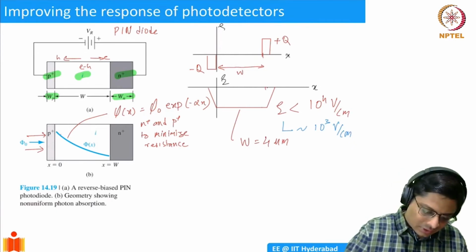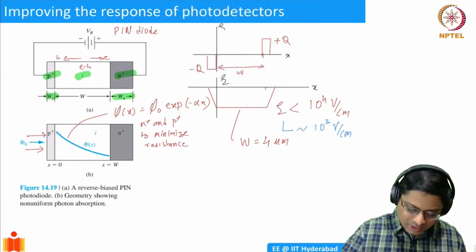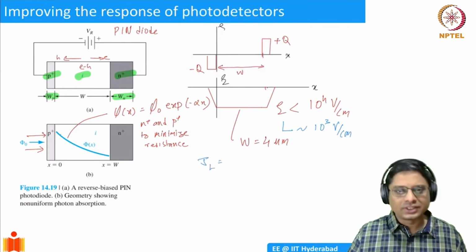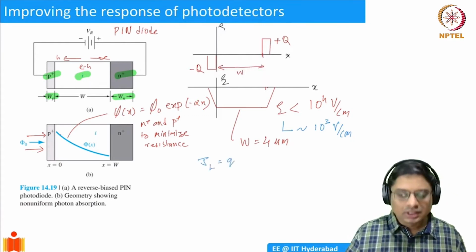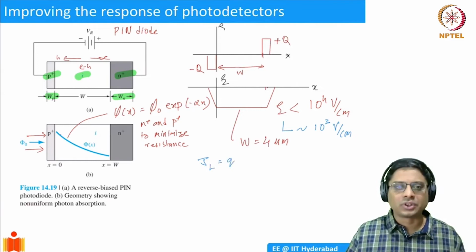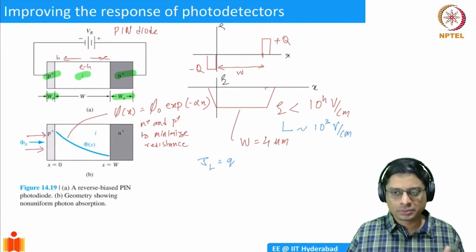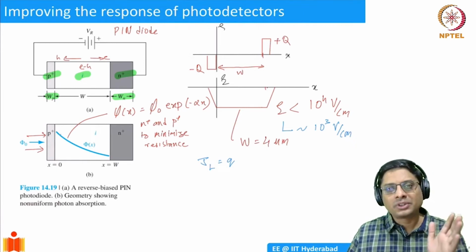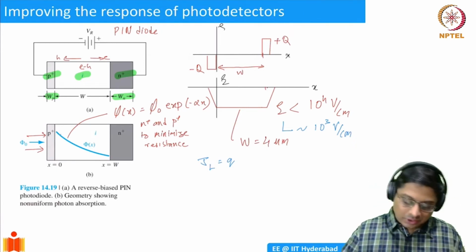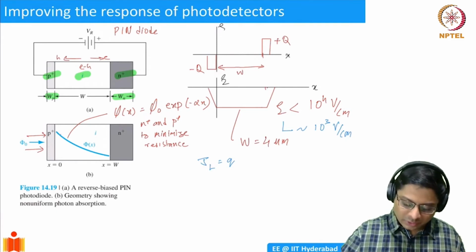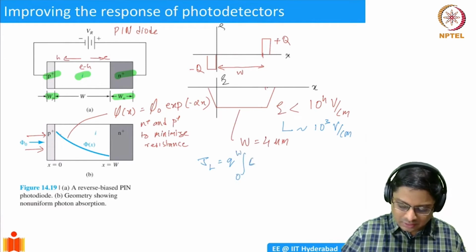Well, in this case, we'll have to calculate JL. Let's say this is simply going to be the charge times the number of photons, right? And the number of photons, or rather number of electrons produced, is going to be proportional to the number of photons at a particular distance. So the total amount of current is going to be the integration from 0 to the width of GL times dx, right?